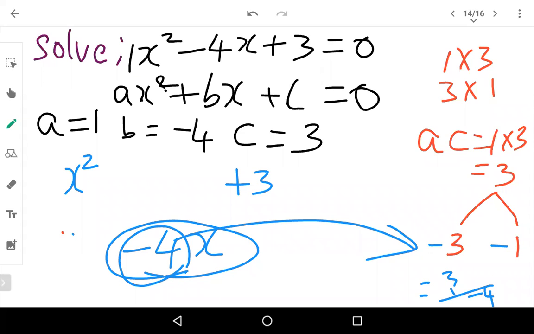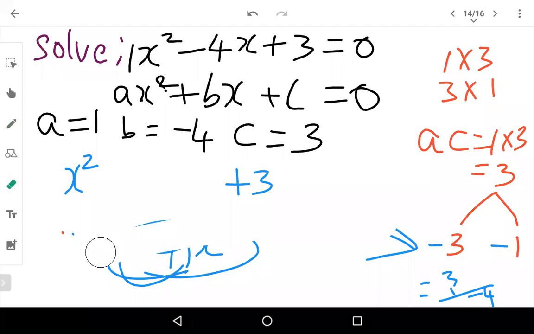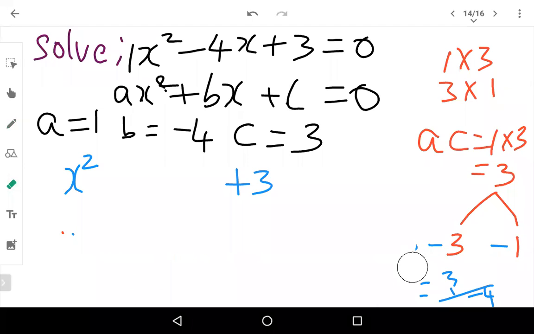Correct? So I can rewrite the question as x square minus 3x minus 1x plus 3.